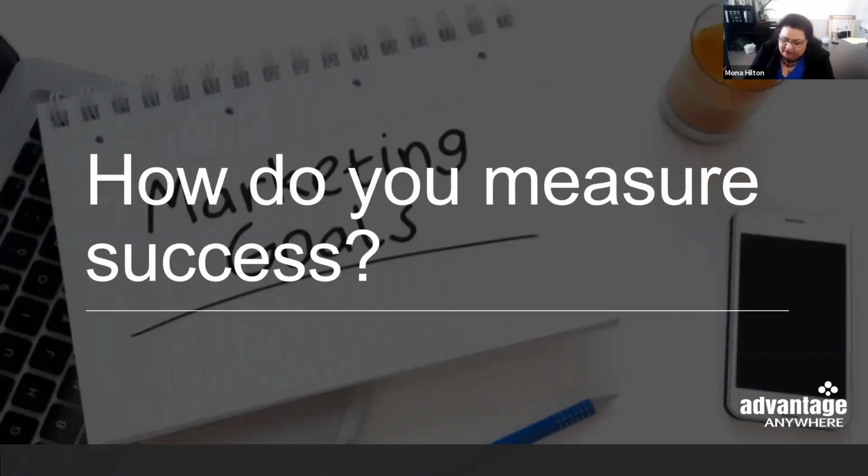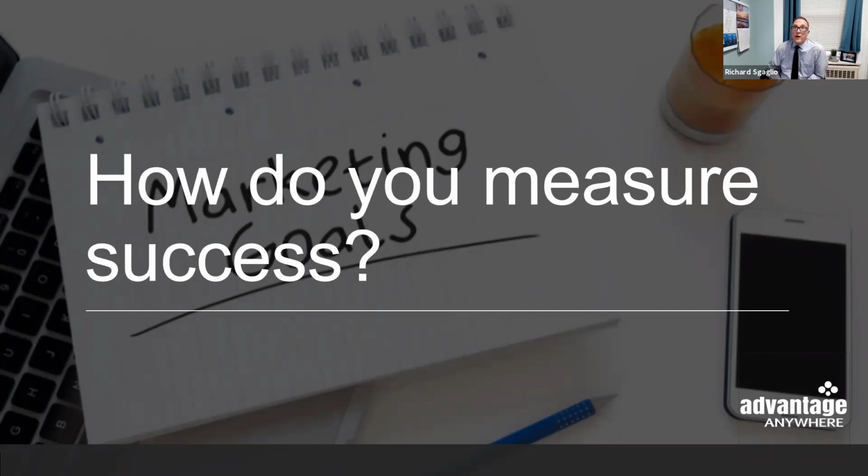So would you say that the two major goals would be awareness and lead generation? I don't want to read too much between the lines. I think there are various reasons for various types of campaigns. And I think certainly overall awareness is one of them. Search campaigns are very important.